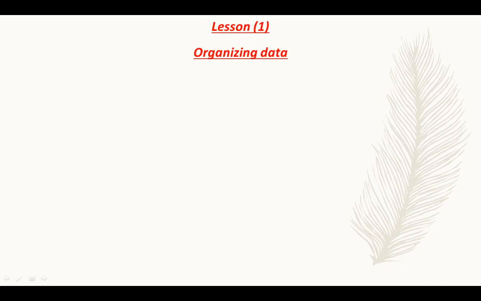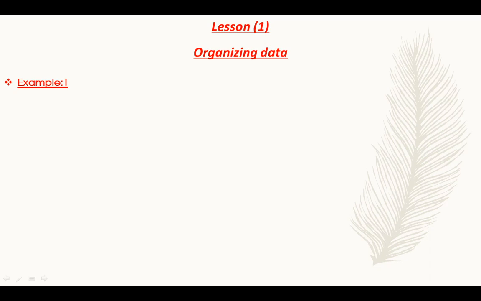Lesson 1, organizing data. First, we are going to define the matrices. What is the matrix? Definition. The matrix is an arrangement of a number of elements in rows and columns such that the position of each element in the matrix has a meaning.